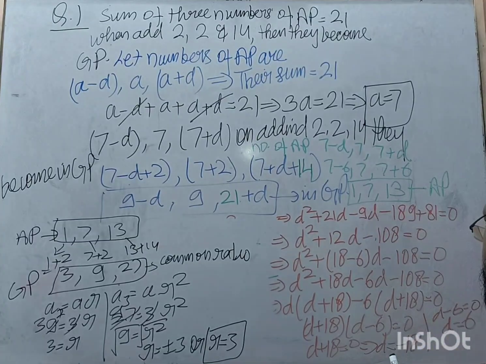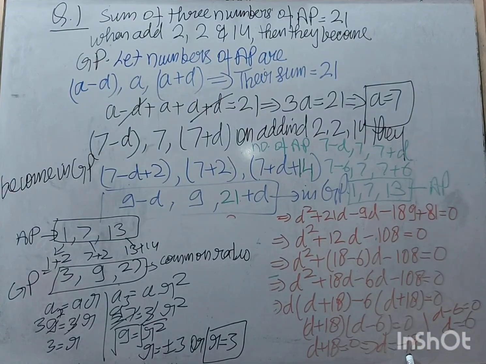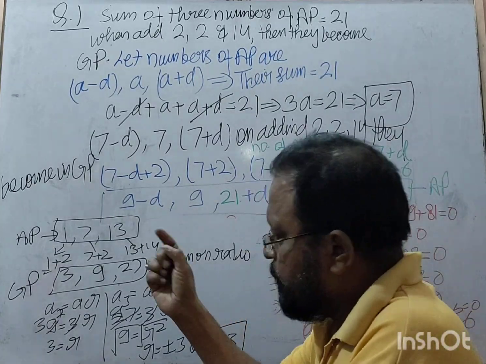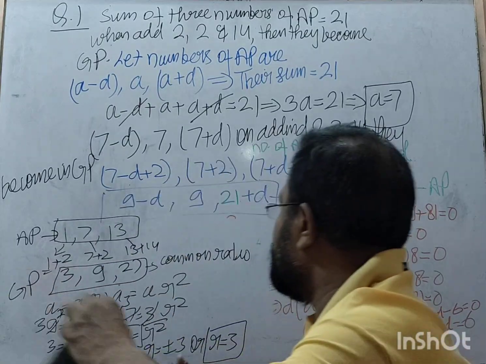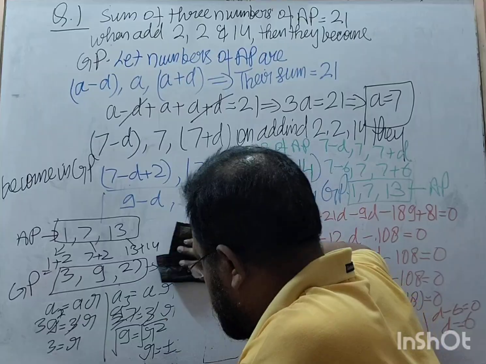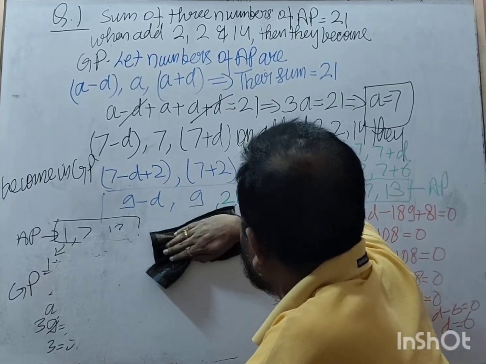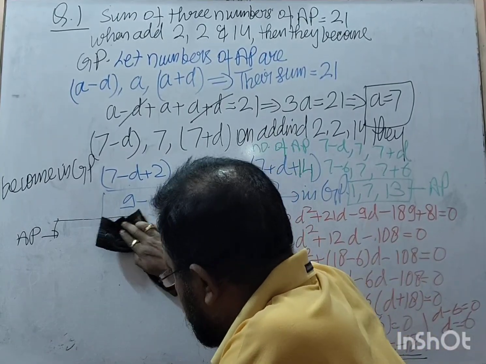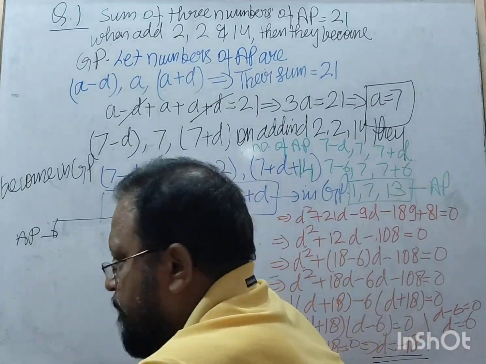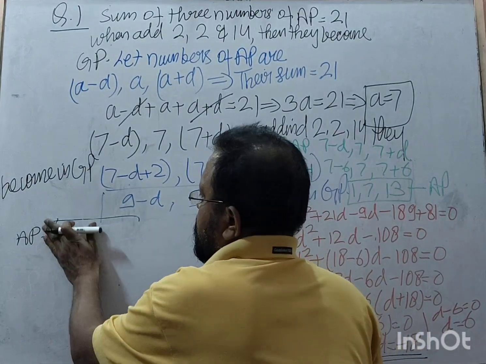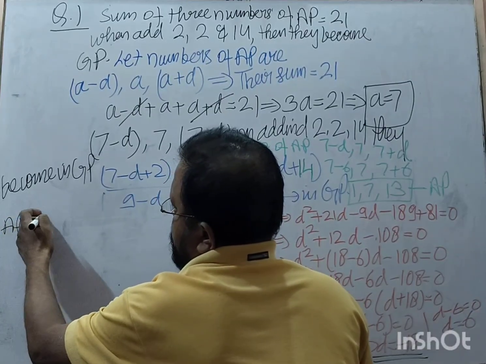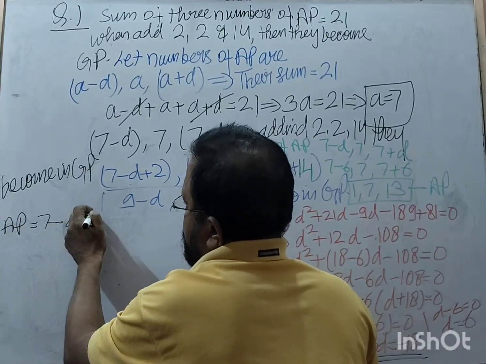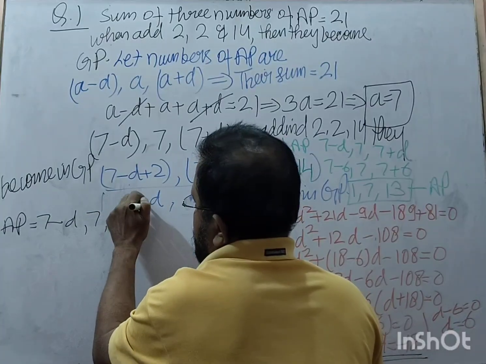Now if we take d is equal to minus 18, then what happens? First, there is a change in the AP. The AP is 7 minus d, 7, 7 plus d.